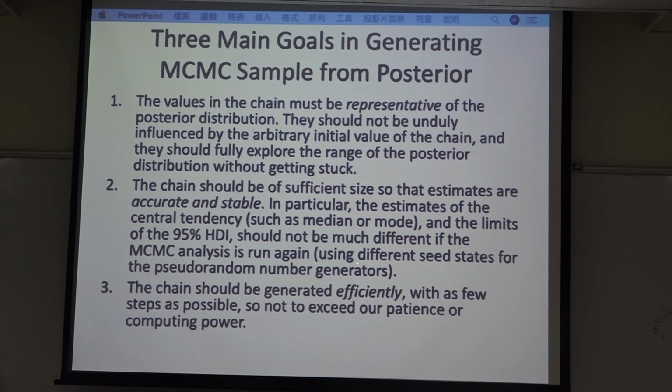Of course, I mean, if we are using different seed states for the random number generator, we should get similar results. That's what I mean by accurate and stable. And third, the chain should be generated efficiently with as few steps as possible, so as not to exceed our patience or computing power.